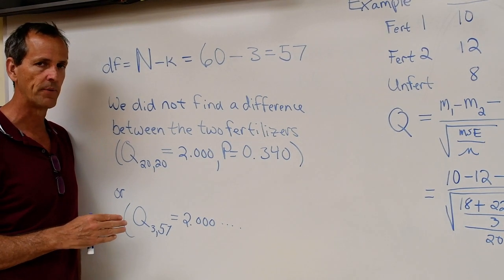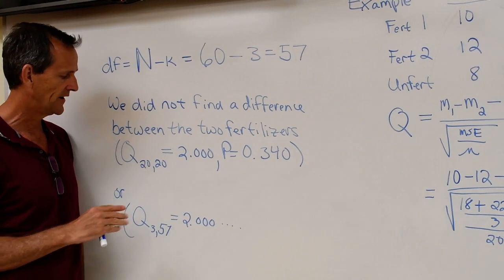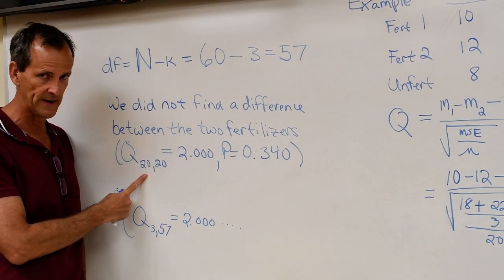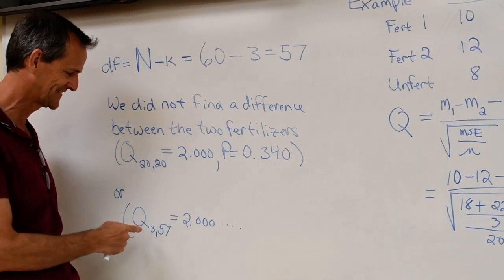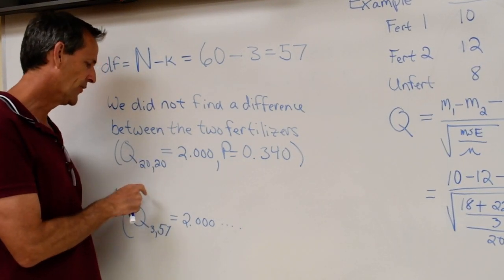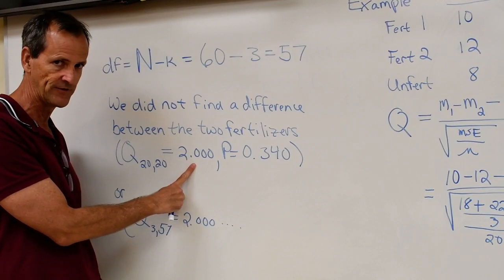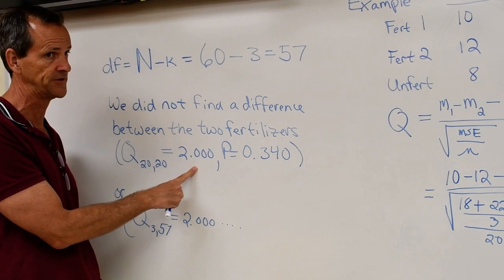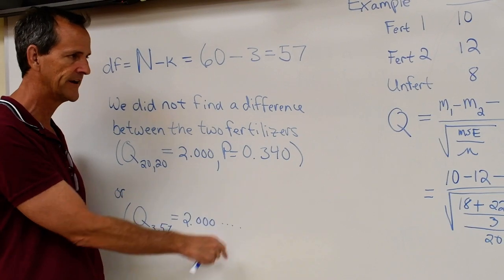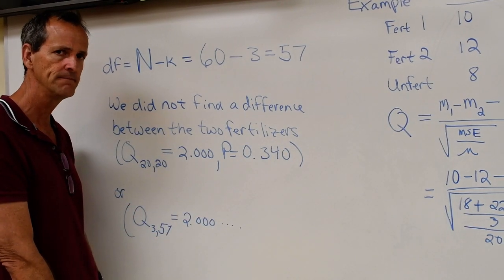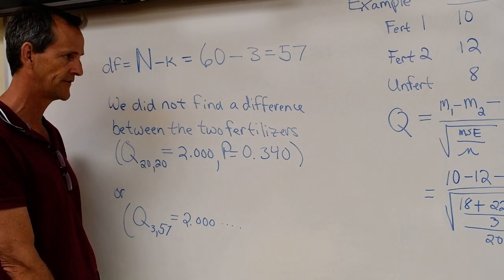If you were going to publish a scientific paper, in the methods you always have to tell people what subscripts mean, because otherwise they have no idea what you're putting there. So you can use either one of these. For these Tukey statistics, I'm just going to look to be sure you have the right statistic. And then you have your probability, always got to have that. Anyway, that's how you generate a Tukey statistic.